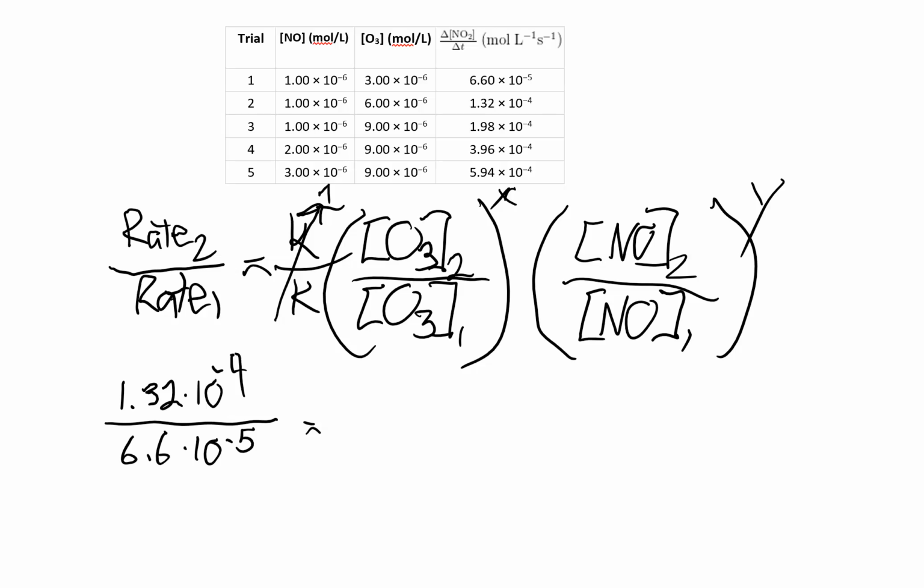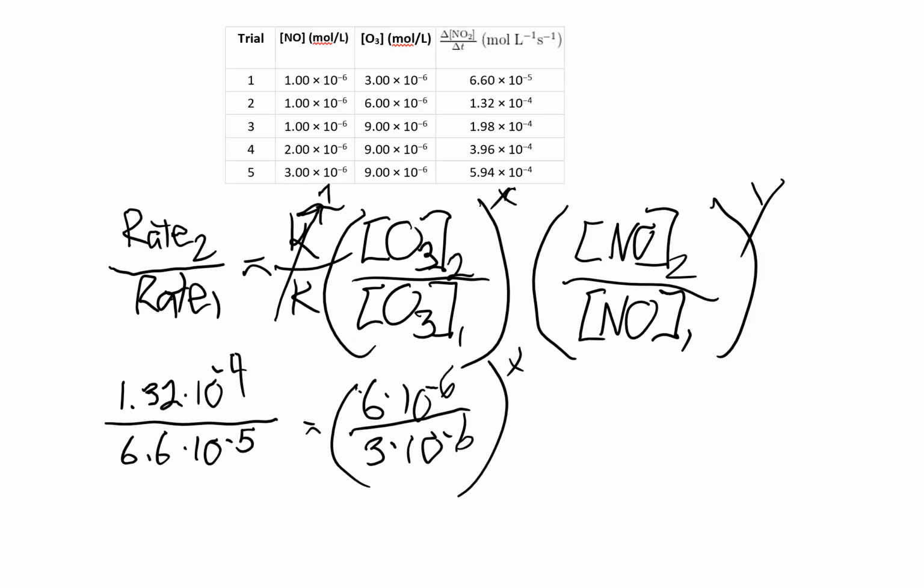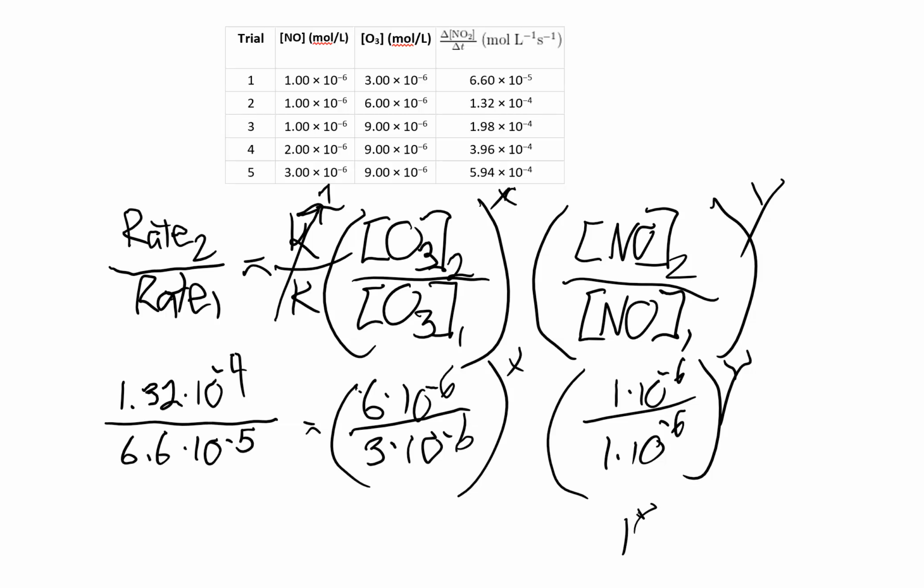And then we're left with ozone's molarity of 6 for experiment 2 divided by experiment 1 raised to some power x. And then with nitrogen monoxide, they're both going to be the same value, raised to the power of y. And since we know 1 raised to any power is still going to be 1, that doesn't become a problem.